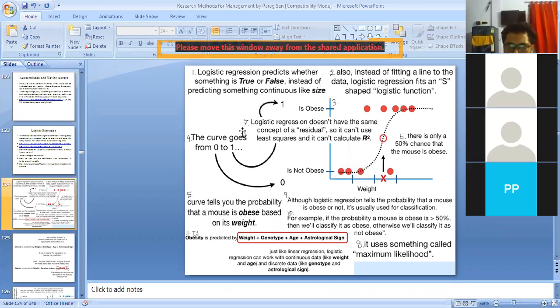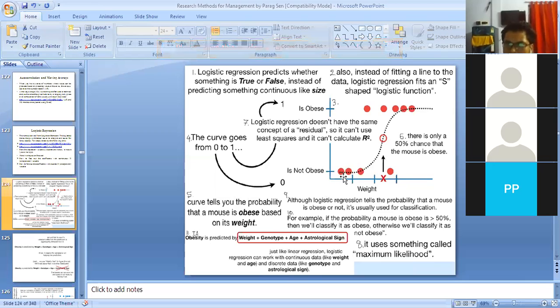The curve goes from 0 to 1. Suppose along the x-axis you are representing the weights of different mice, and along the y-axis the probability that a particular mouse will be obese or not obese. Obese means overweight-related disease.